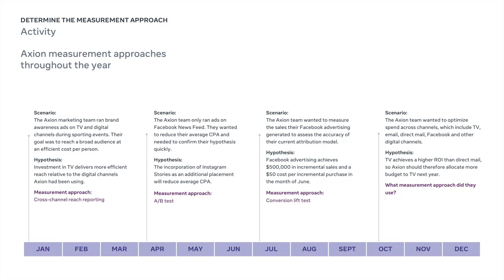Rather than look at the impact of each channel in a silo, consider which measurement approach they might use. A marketing mix model. This helps them understand the effect each channel has on sales outcomes from previous years.